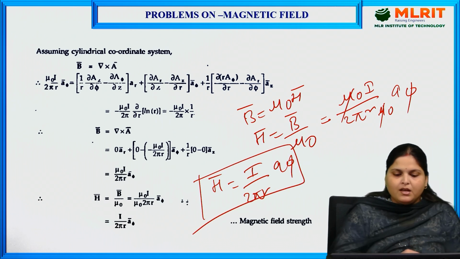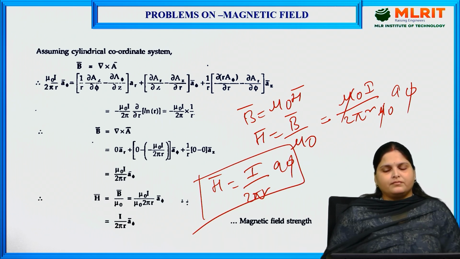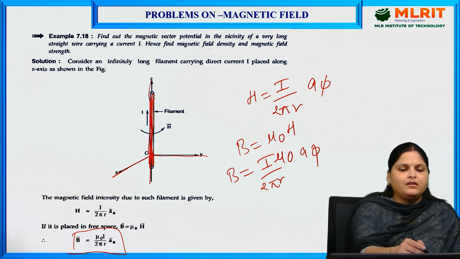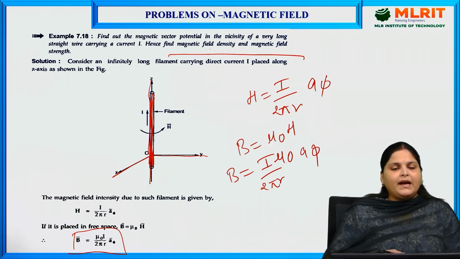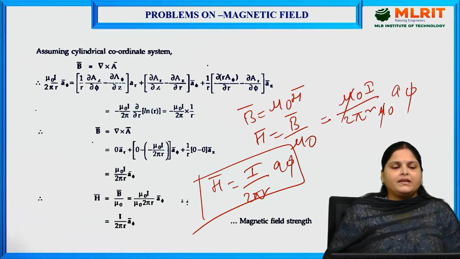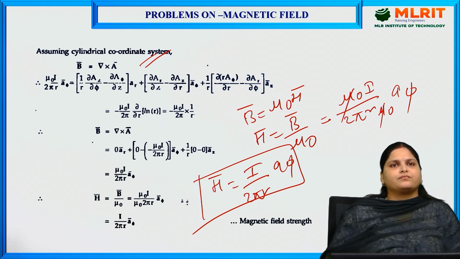This is the magnetic field intensity, right? So that is how we have calculated the flux density, the magnetic field intensity and the magnetic vector potential.